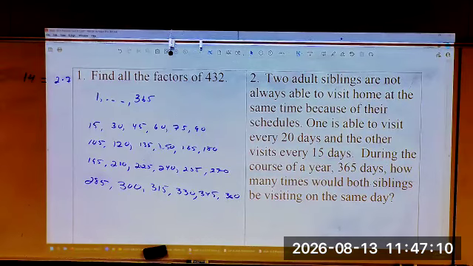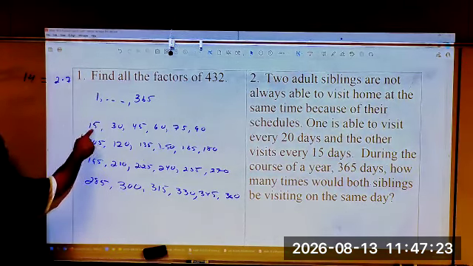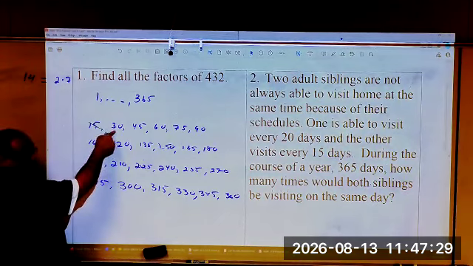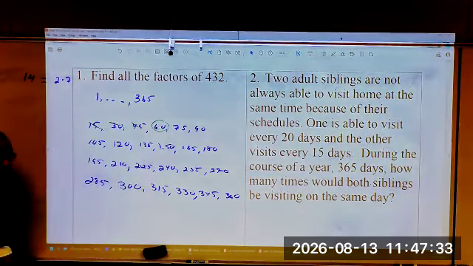So I only listed one of the siblings. Now, when does the brother or sister with the 20 days actually go into them? Would the 20-day person be able to meet up on the 15th? 20 days will not go into 15. Would 20 days meet up on the 30? Nope. 45? No. But 20 goes into 60.